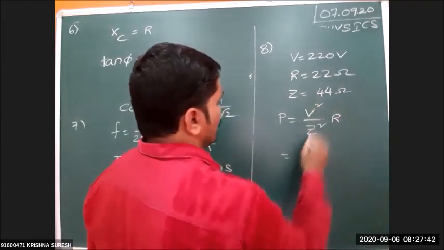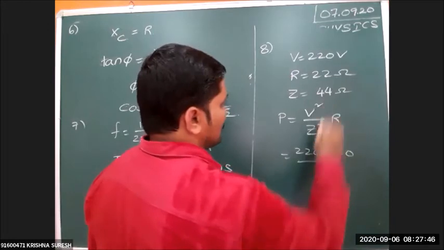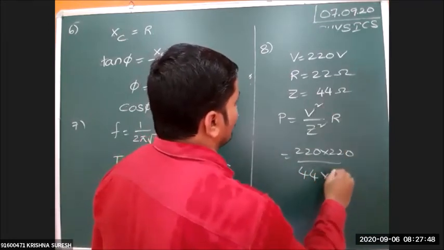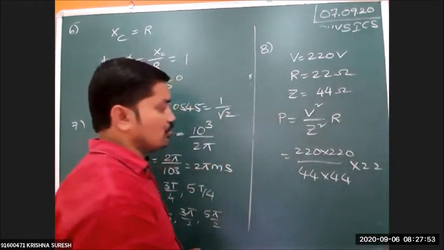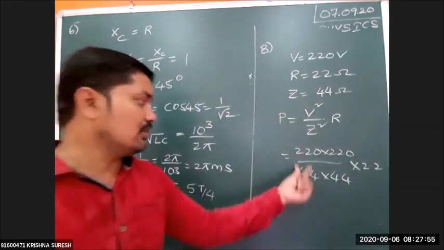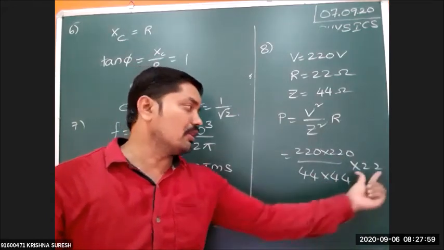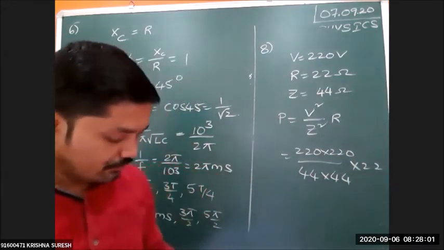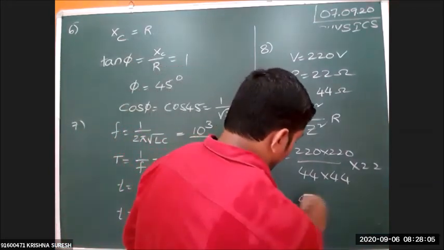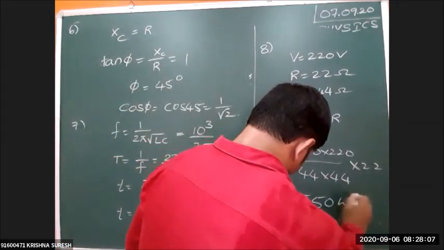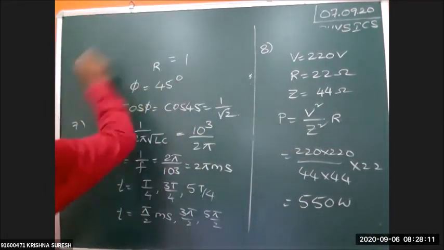V square means 220 into 220 by Z square, that is 44 into 44, into the R value 22. Now cancelling the 22s, 2 into 2 is 4, and 4 in this 22, you will get this value as 550 watts. That is question number 8.